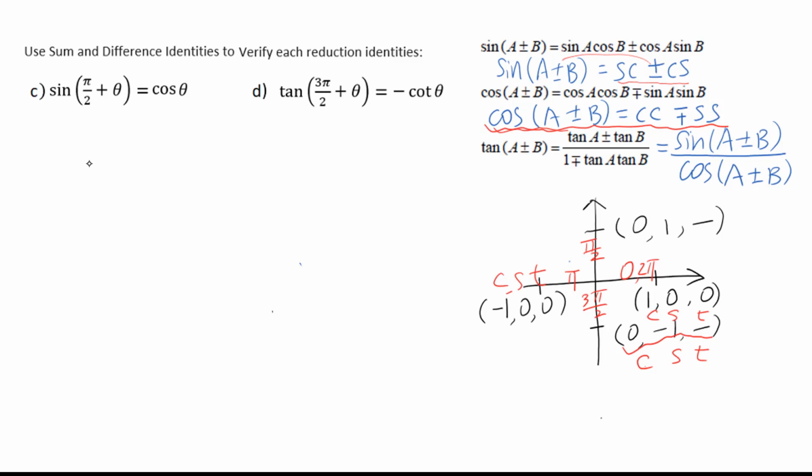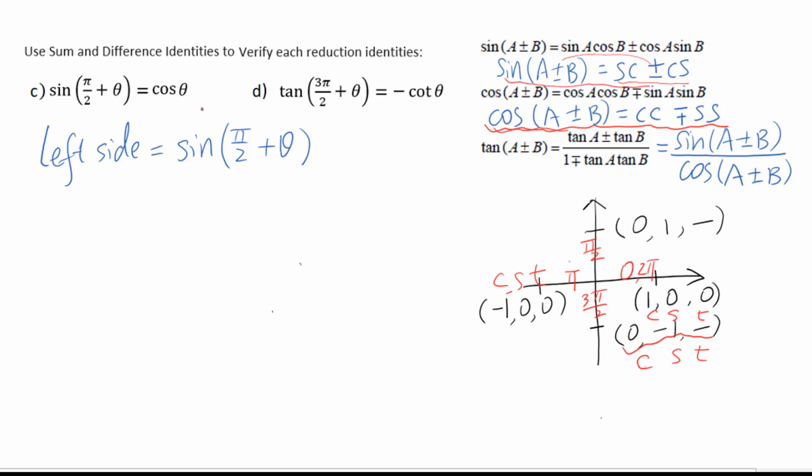Let's go to question C. Sine pi over 2 plus theta equals cosine theta. So for the left side, equals sine pi over 2 plus theta. For this, we have to use this formula.